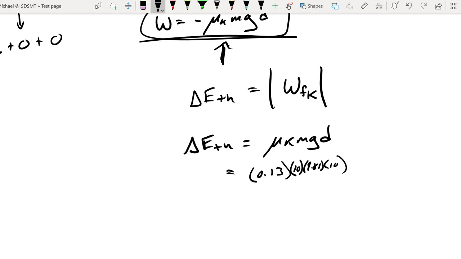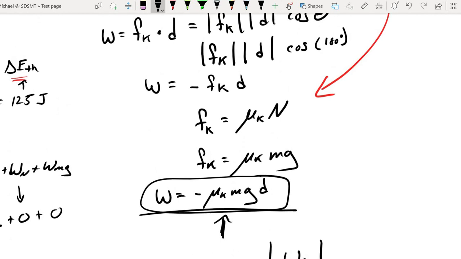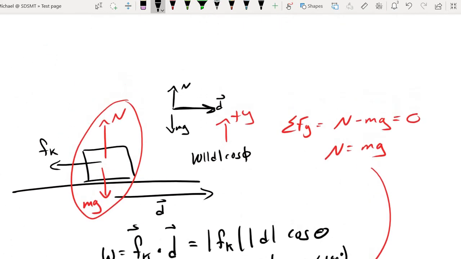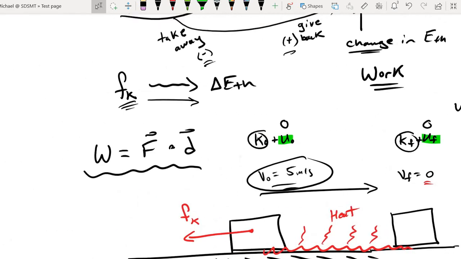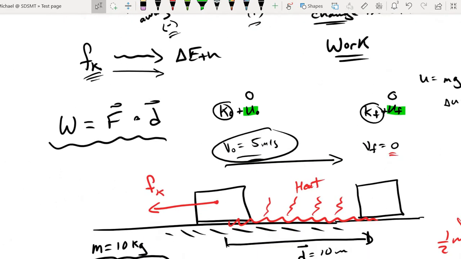So what does all of that equal? We have 10 times 10 times gravity times 0.13 equals 127.5 joules.